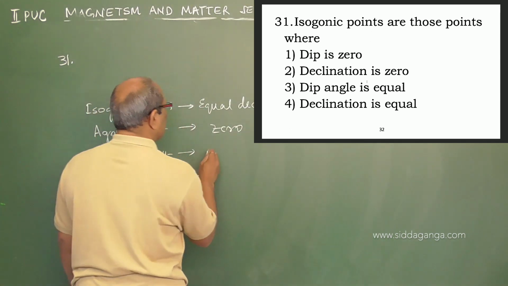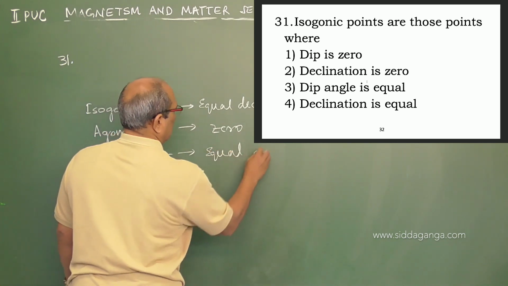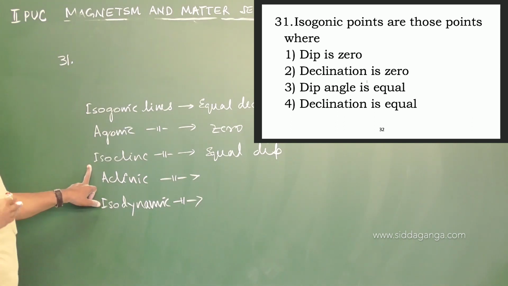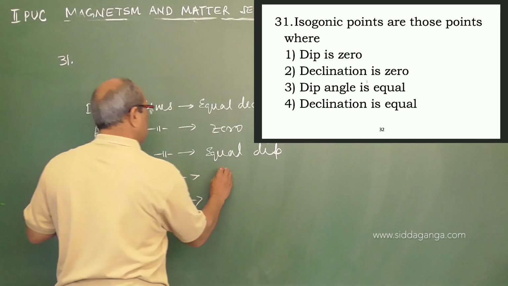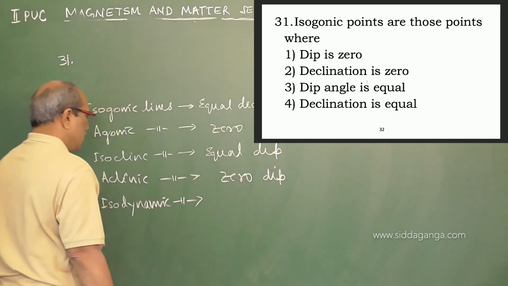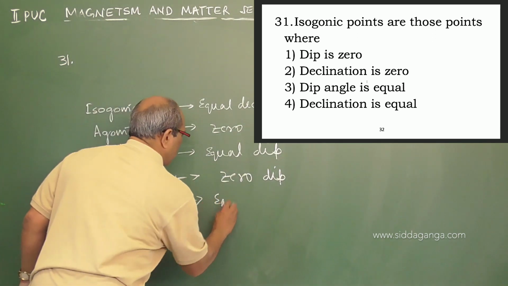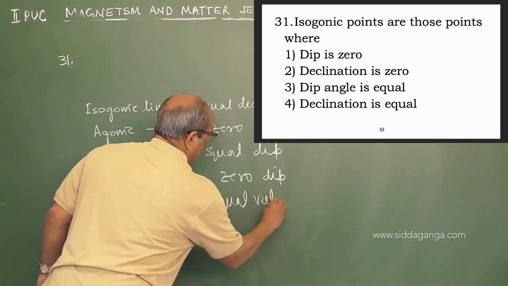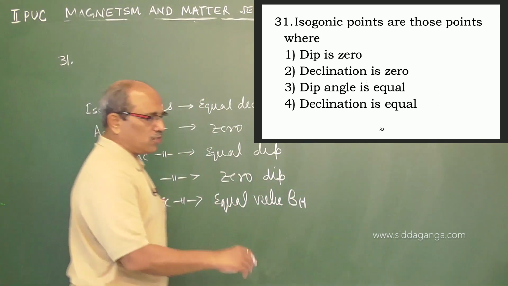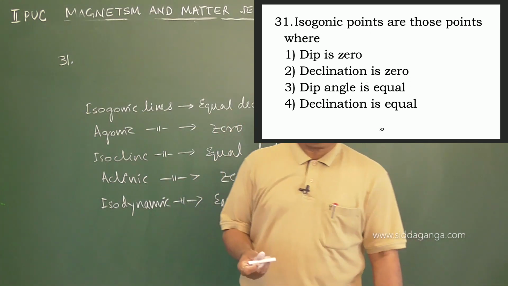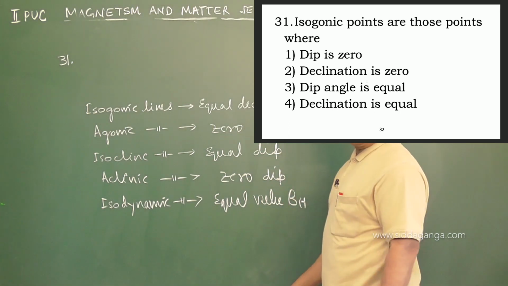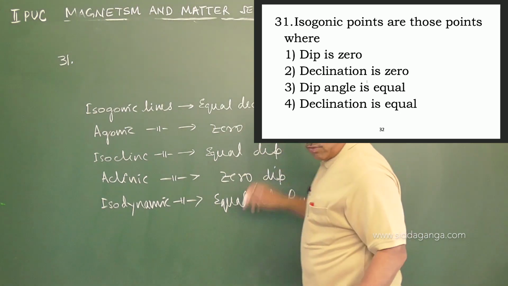Isoclinals or isoclinic lines are equal dip, those lines on the surface of the earth where the dip is the same. Zero dip is called aclinic line. Same BH, equal value of BH, we call them isodynamic lines. Therefore, it is clear what the answer is. Isogonic lines are equal declination, that is option number 4.